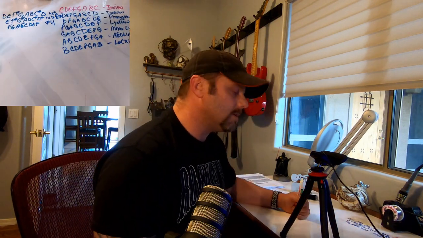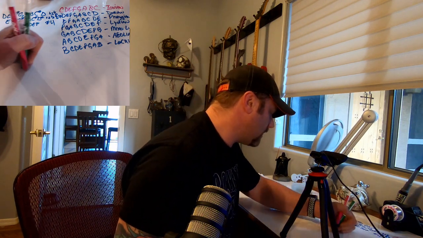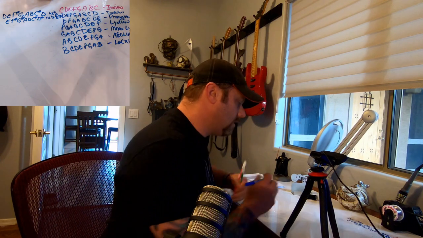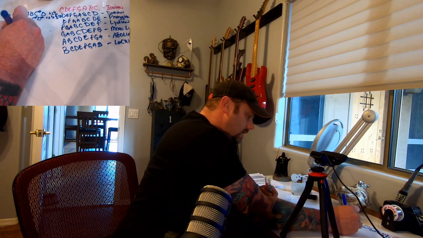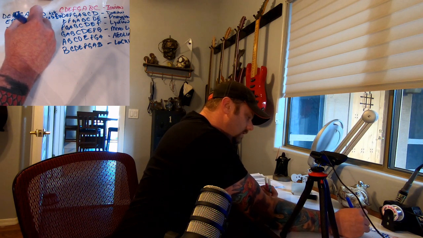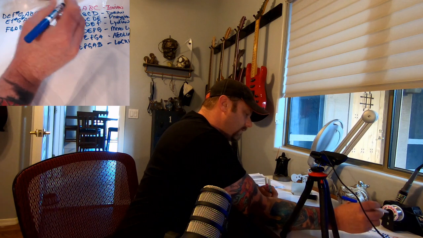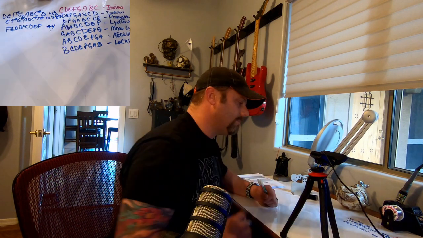I should have lined those up a little bit better. Let's go ahead and catch that right now. F, G, A, B flat, C, D, E, F. So we have a sharp 4, right?